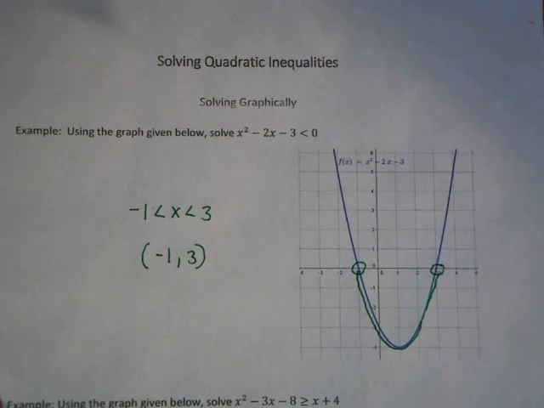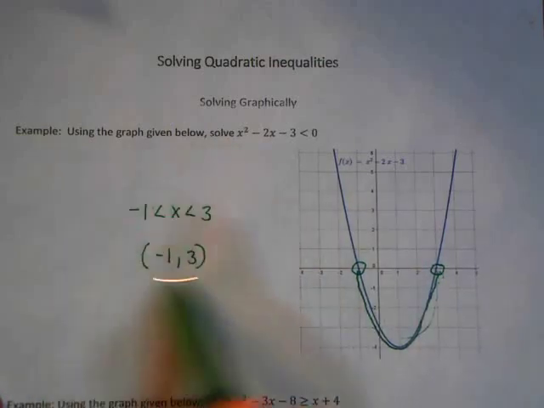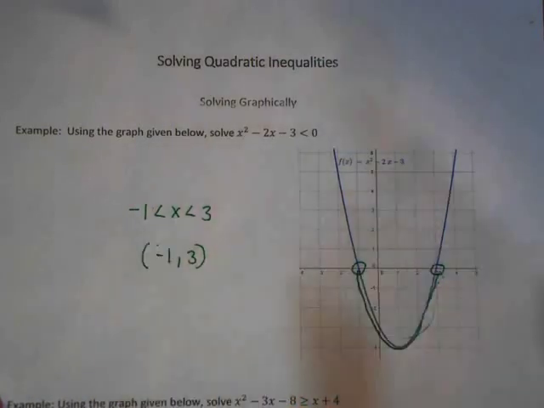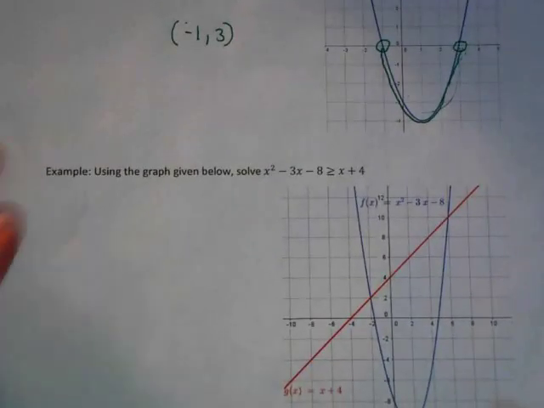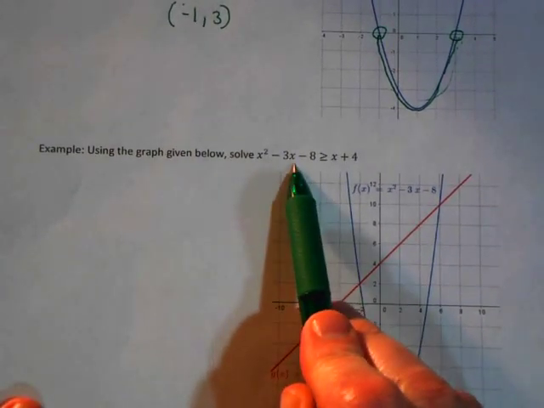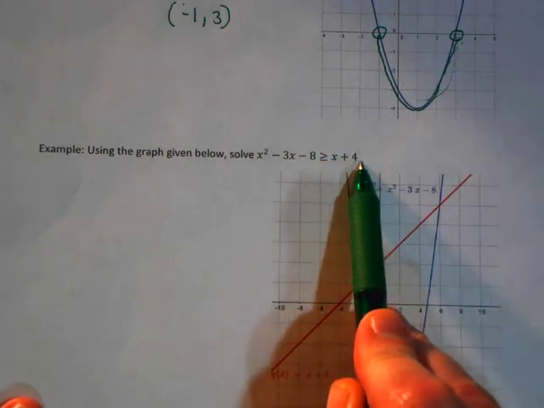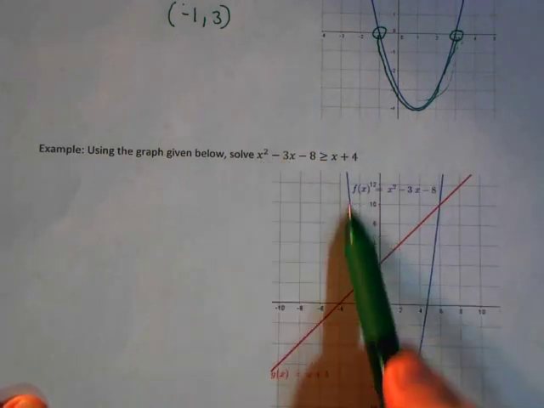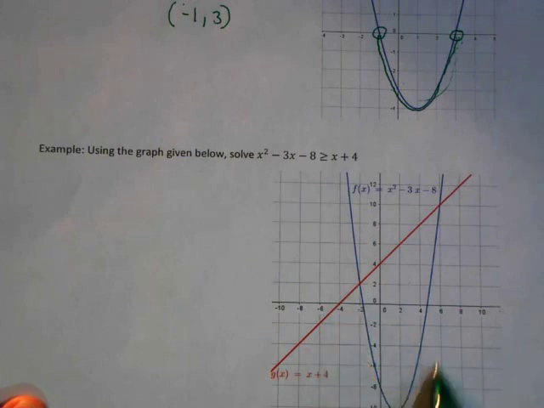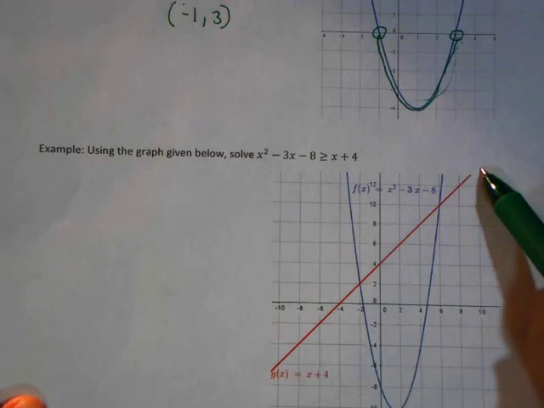So notice when you solve, in this case, we get one solid chunk of the graph in the middle, and we get one answer in a sense. Let's compare that to this one. Solve x squared minus 3x minus 8 greater than or equal to x minus 4. All right, so the x squared minus 3x minus 8, that's the blue curve, and the x minus 4 is our red line.